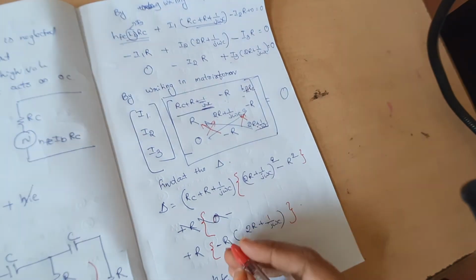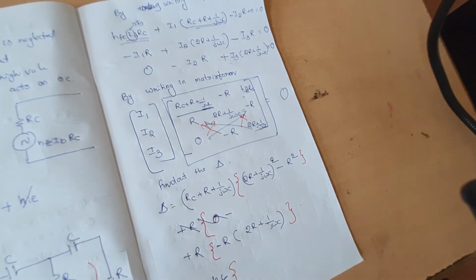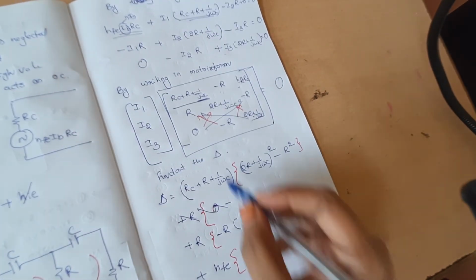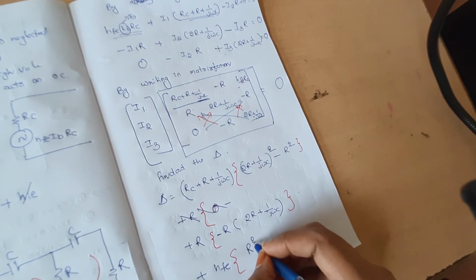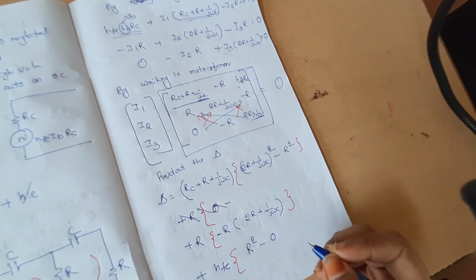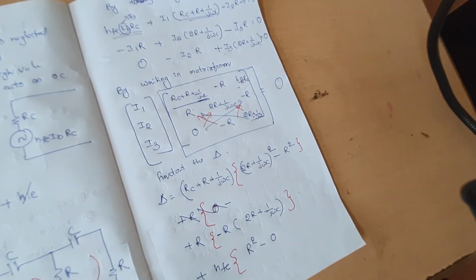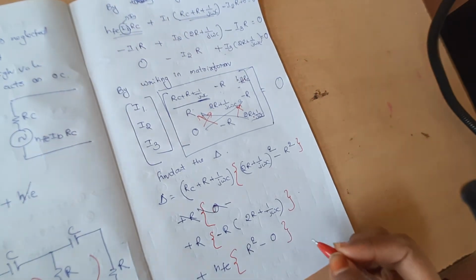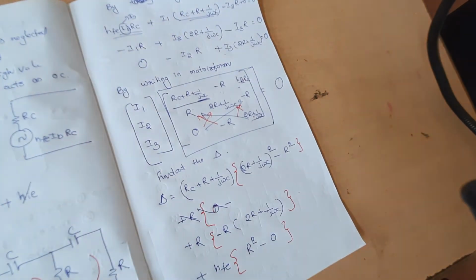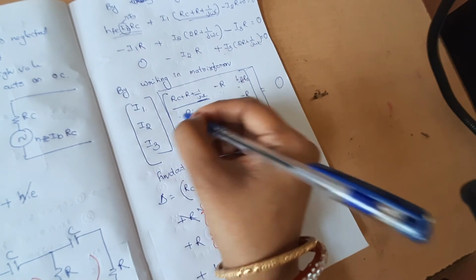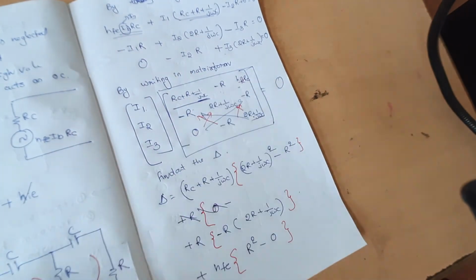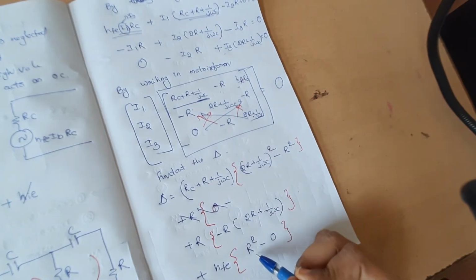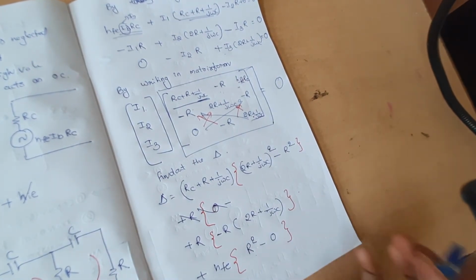We get 0, R square minus 0. So here also we forgot to write minus R. So minus R, so minus into minus plus. So R square, 0. Clear?